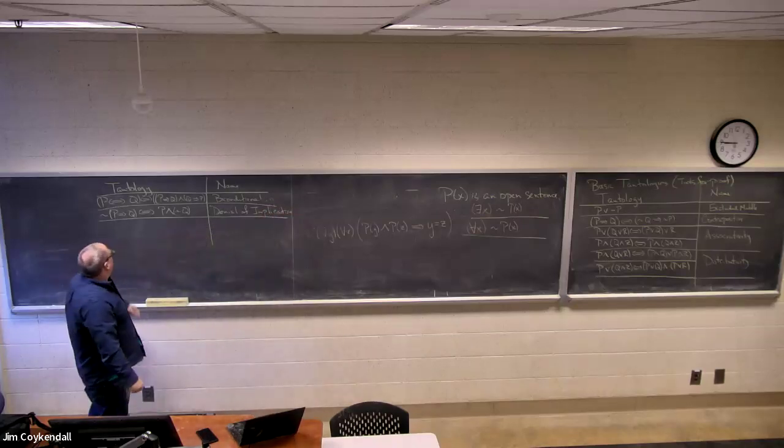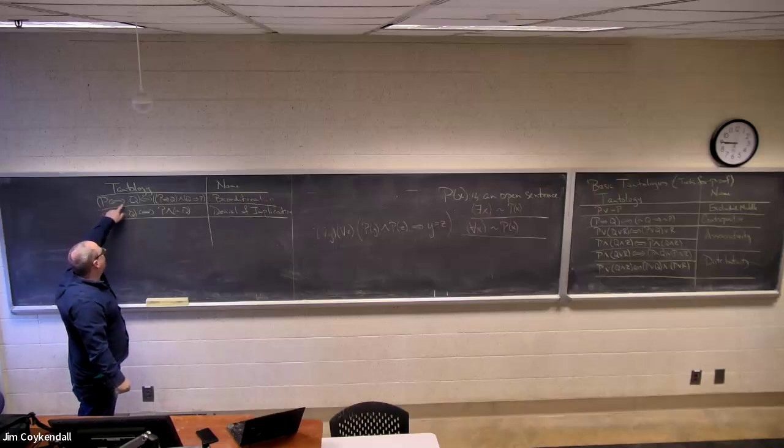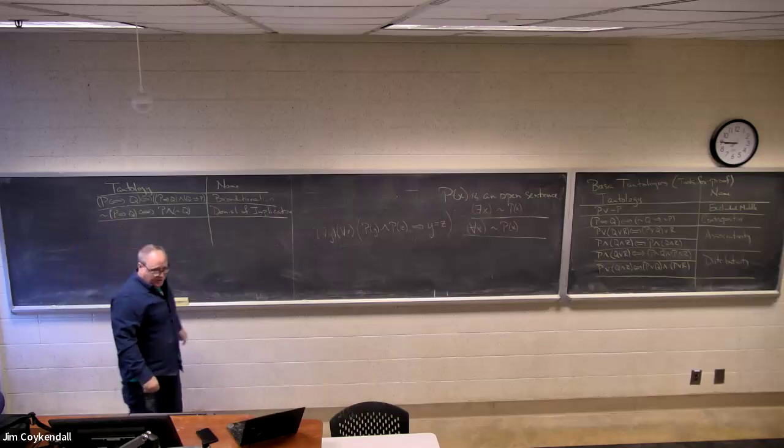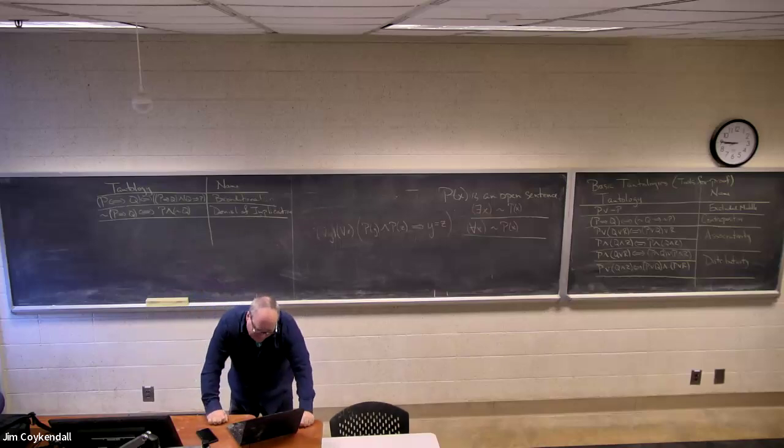Of course, I see where these two names come from. Biconditional means it goes in both directions, P if and only if Q. And denial of implication, that's exactly what you've done: you've denied, actually negated, P implies Q.